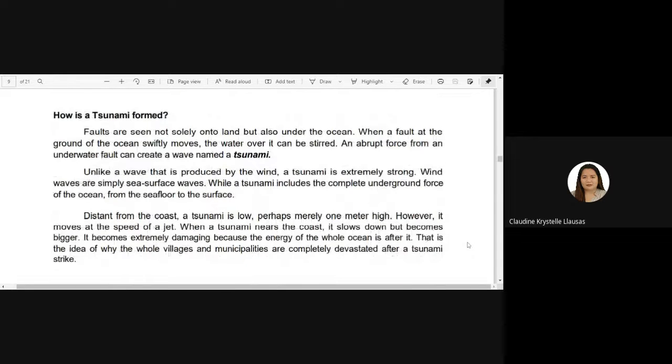So, faults are seen not solely on land but also under the ocean. Kaganina in our previous lesson, we have shown examples or illustrations of faults happening sa yuta. This time, we'll focus on faults that are being produced under the ocean. So when a fault at the ground of the ocean swiftly moves, the water over it can be stirred.